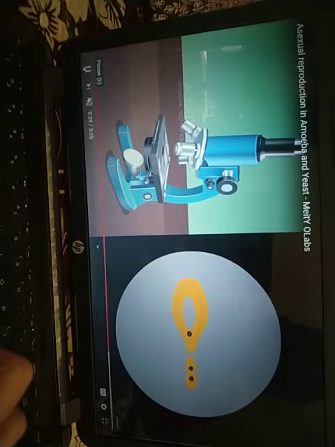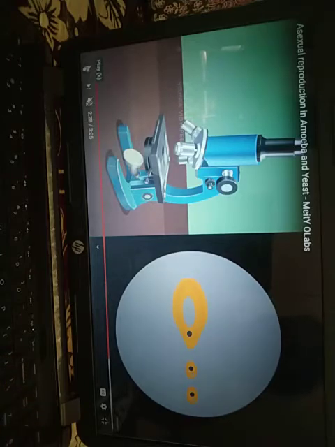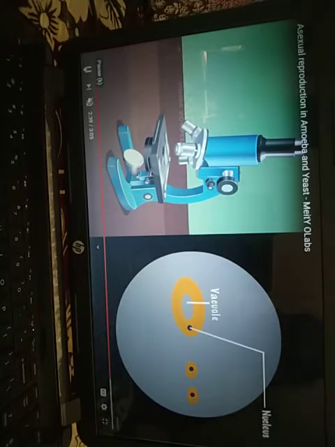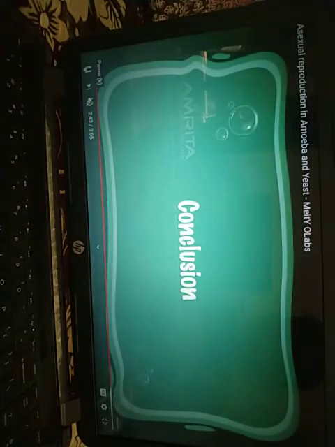So here you can see the process of budding in the case of yeast. Yeast is also known as baker's yeast. So you can see there is formation of new buds.